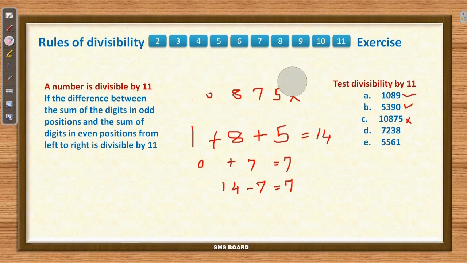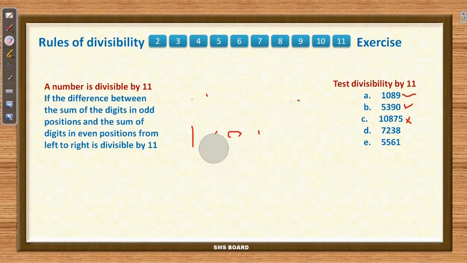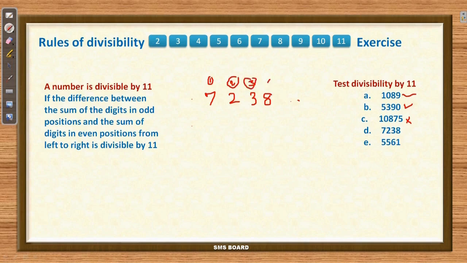Let us go to the next problem, that is 7,238. Here this is odd position, this is even position, this is odd position, and this is even position. First of all, add the digits in odd positions: 7 plus 3 equal to 10.